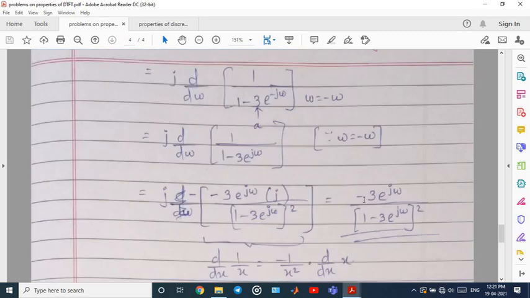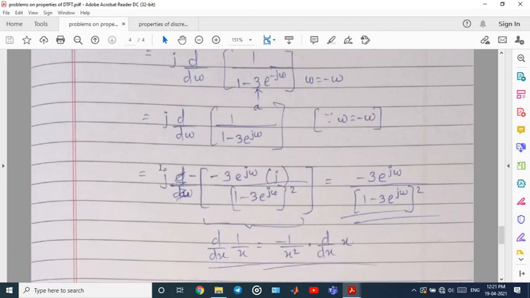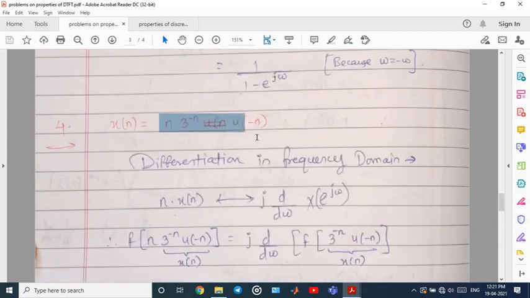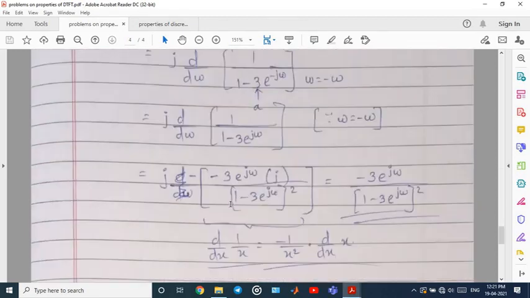That's it. After simplifying, we are going to get this. This j and this j are cancelled, and the remaining terms are this. So we have got the Fourier transform of n into 3 to the power minus n u of minus n.